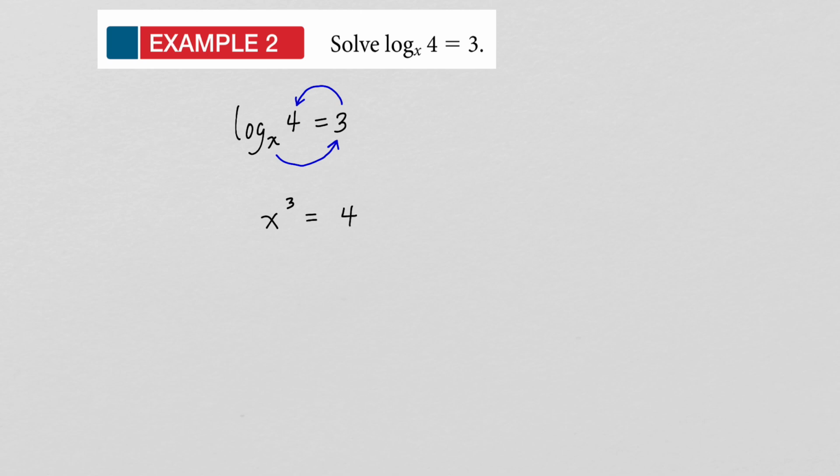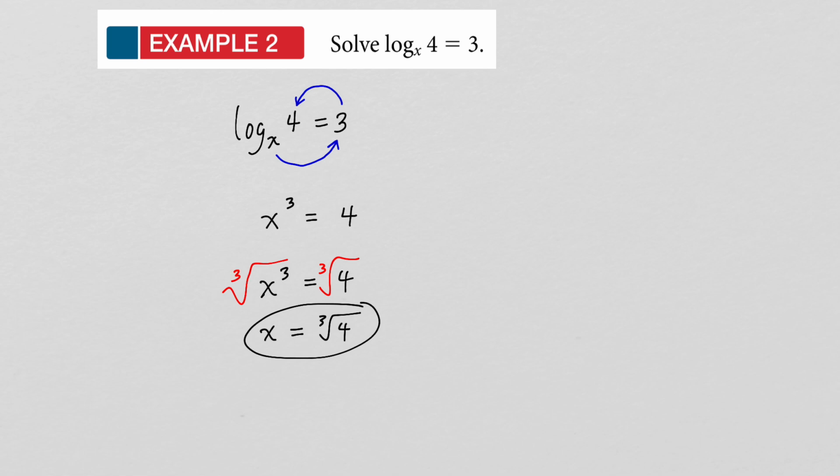Now, what would x have to be if this were the case? Well, if I have x to the third equals 4, I can get rid of the cube by simply taking the cube root of both sides. And the cube root of x cubed would simply be x, and then we would get the cube root of 4. So x would have to be equal to the cube root of 4.